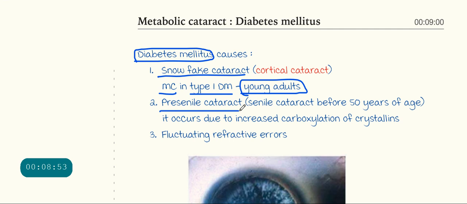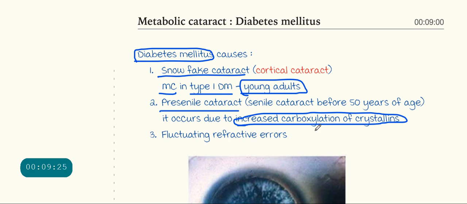So this pre-senile cataract would be seen before 50 years of age, and it occurs due to an increase in carboxylation of the crystallins. This increase causes pre-senile cataract.